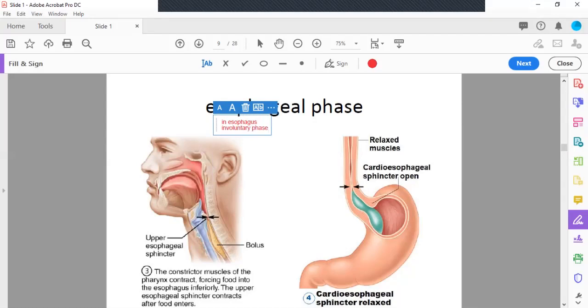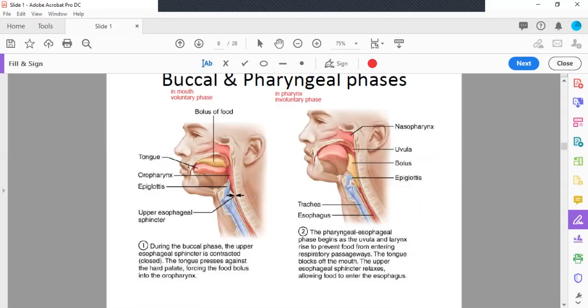Okay, so let's review this. In the buccal phase, it's in the mouth and it's voluntary. The tongue pushes the bolus of food against the palate, forcing it to move into the oropharynx.